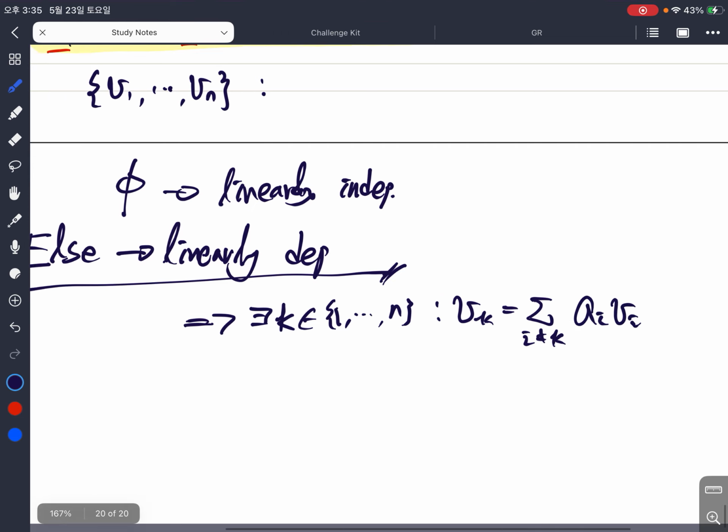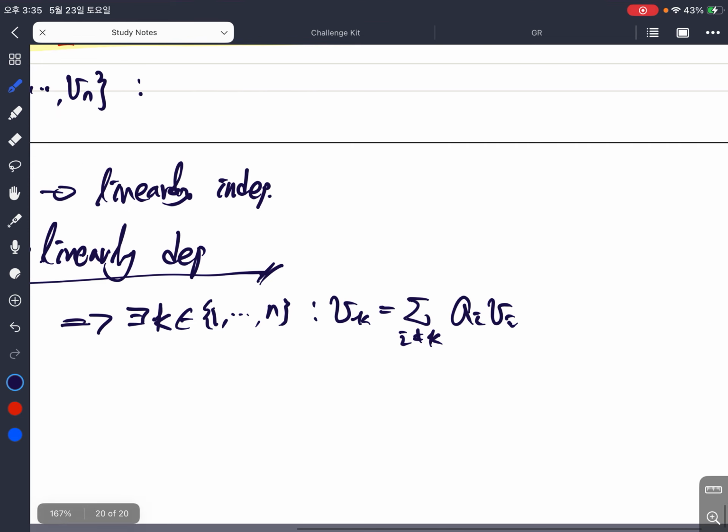Of course, this should be different, so I write b, some number b_i, also a number for i.